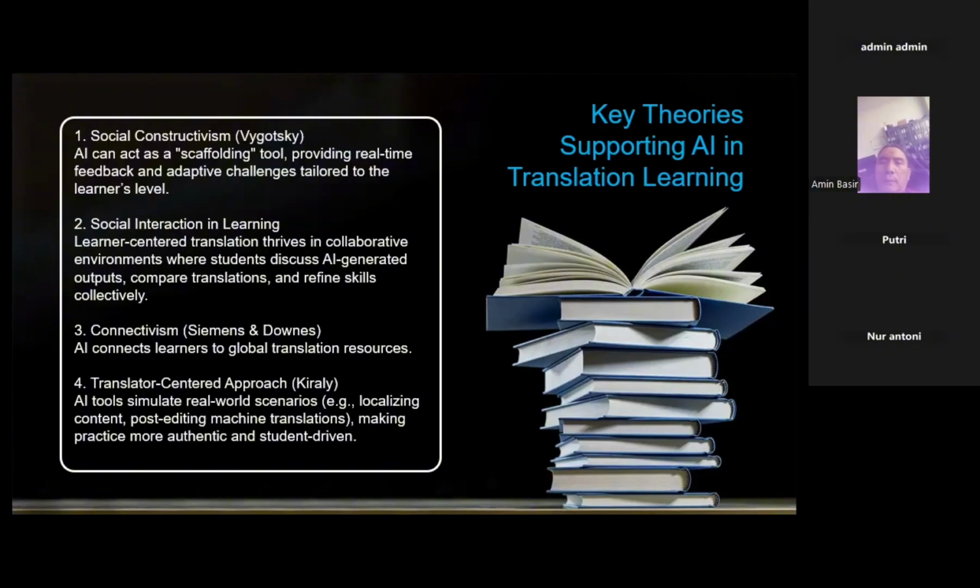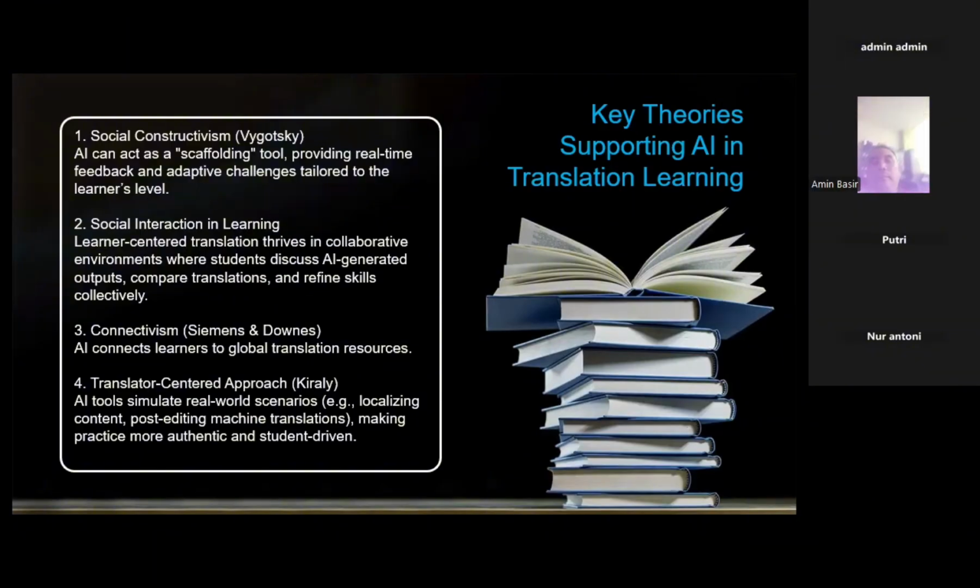And then social interaction in learning, another theory coming from Vygotsky. Learner-centered translation thrives in collaborative environments where students discuss AI-generated outputs, compare translations, and refine skills collectively.